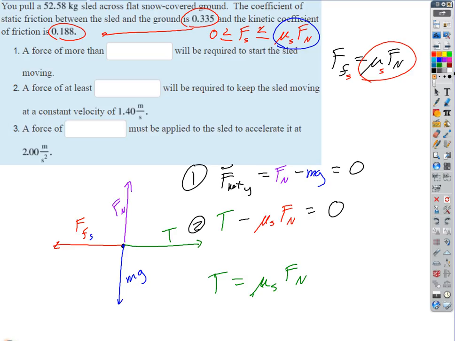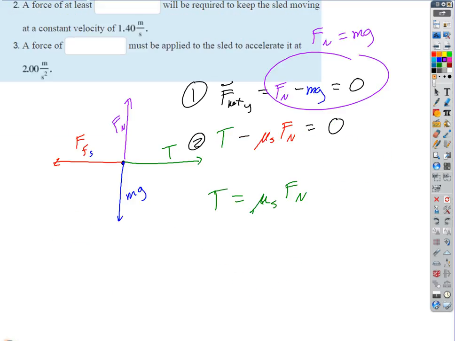If I isolate normal force in equation number 1, it's just equal to mg, isn't it? And so what we're able to do is plug in mg for normal force. That's a substitution we can make. If we know that's true, then we just get mu sub s mg, and that's our answer. Okay?